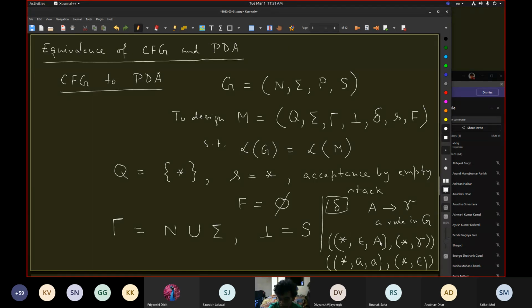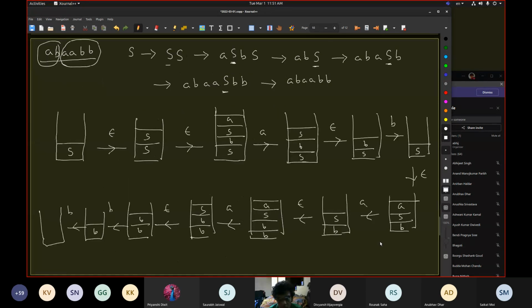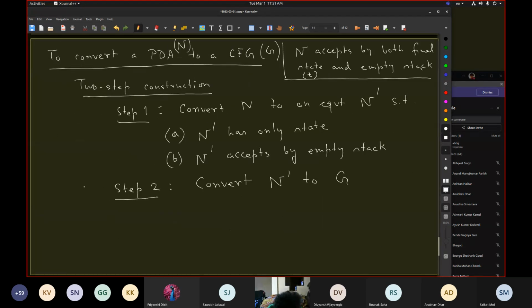In other words, this step is straightforward. N prime has only one state, so if it has a transition of this form, once again, star.